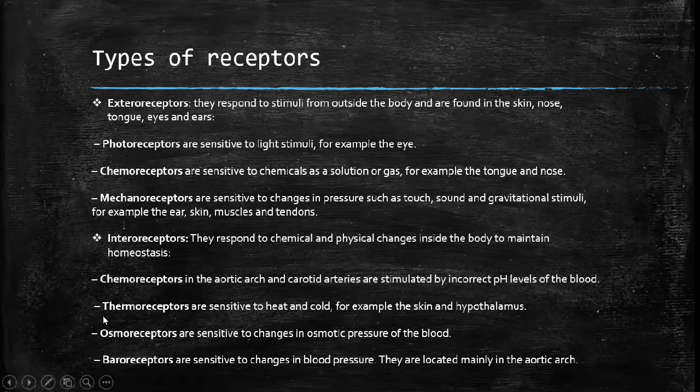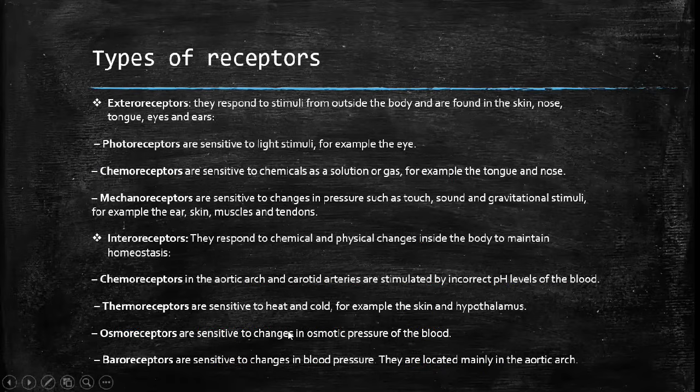Now, what will happen is that your body won't release heat outside. You won't sweat. You're going to maintain the heat inside your body so that the temperature stays at a moderate level. We're going to discuss that when we do homeostasis.